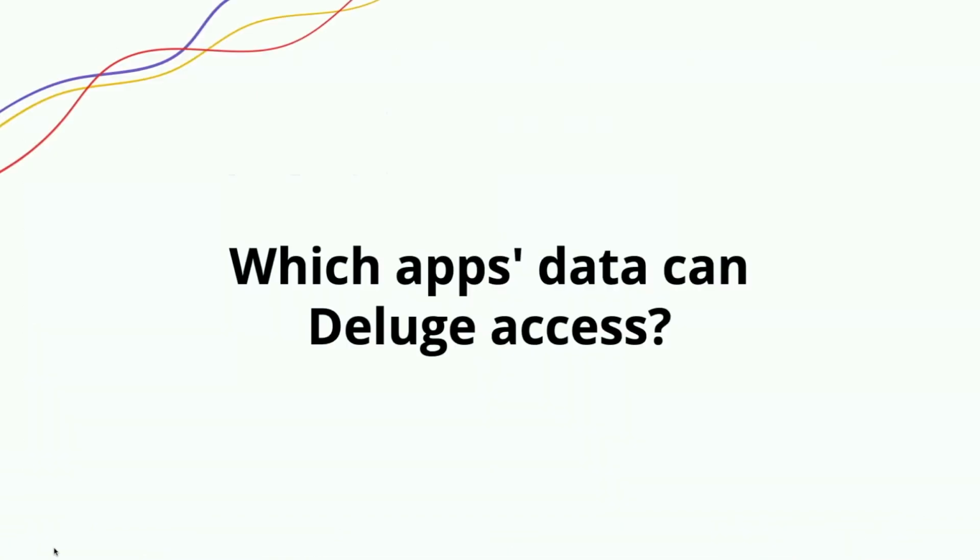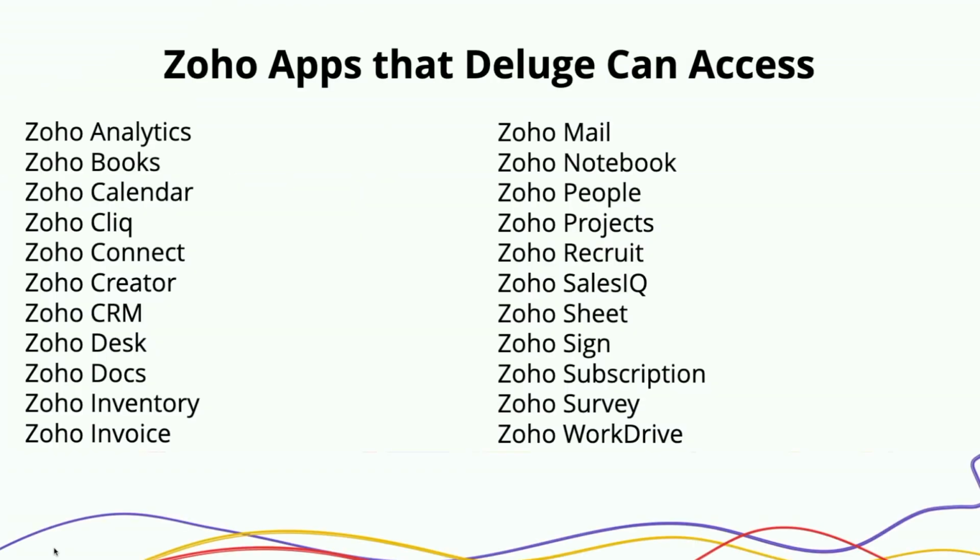And which app's data can Deluge access? So pretty much any Zoho application. And the reason for that is because with Deluge, you can write get calls, you can write post calls. And so really, you can talk to any kind of SaaS application that has get or post APIs available. And so that's why we list so many different Zoho applications.